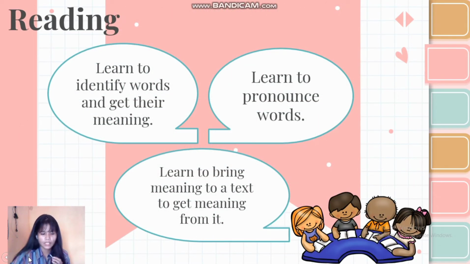So here are some ideas about reading. Reading is learning to identify words and get their meaning, learning to pronounce the words, and learning to bring meaning to a text and get meaning from it.